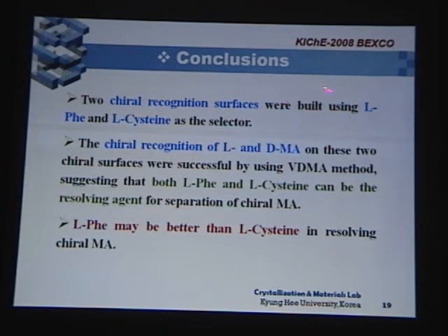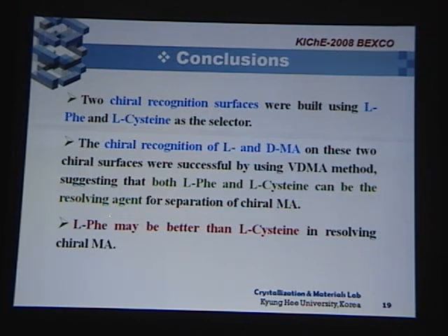So in conclusion, in this work, two chiral recognition surfaces were built by using alpha-anion and L16 as the selector. The second is that the chiral recognition of L and D mandelic acid on these two chiral surfaces was successful using the VDMA method. This result suggests that both alpha-anion and L16 can be resolving agents for the separation of chiral mandelic acid.